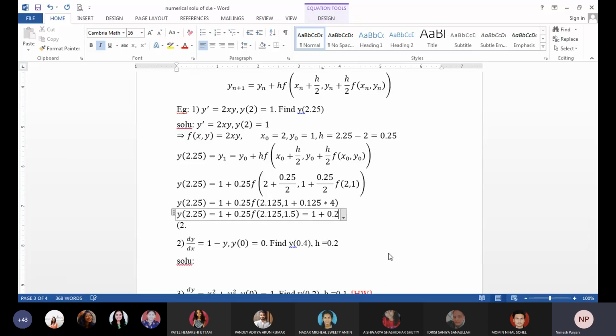So 1 plus 0.25 multiplied by f of 2.125 comma 1.5, 6.375.